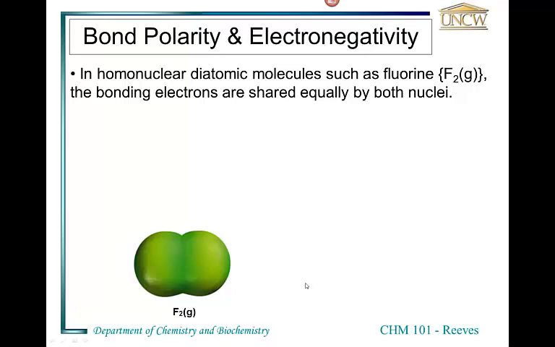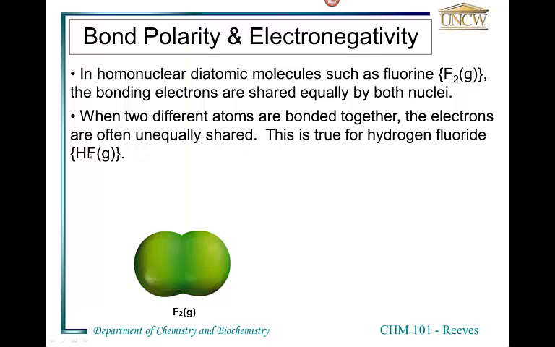so that no part of the molecule is more positive or more negative than any other part. By contrast, if you have two different atoms involved in a bond, there will always be a tendency of one of the atoms to pull the electron density toward it more than the other atom will.